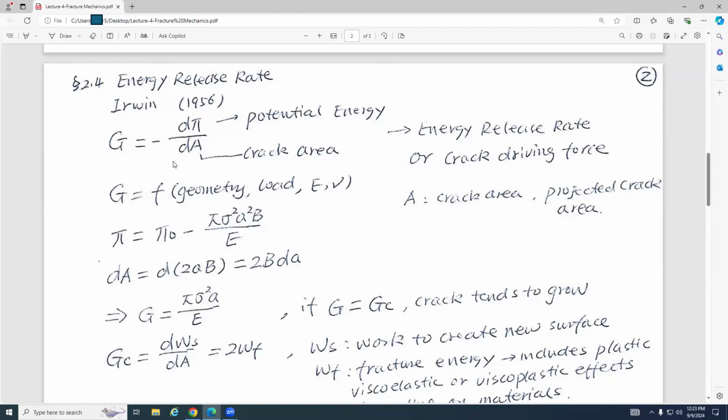This is called the chain rule. For d Pi da, it equals what? It equals the derivative of pi sigma squared a squared B over E, where the exponent 2 goes down. And then we have 2 pi sigma squared a B. So this gives us minus d Pi da equals 2 pi sigma squared a B over Young's modulus.